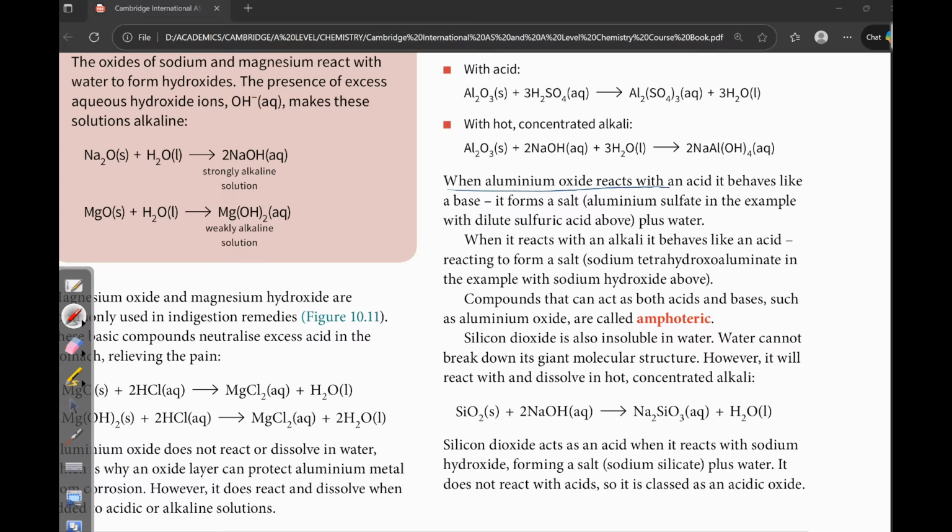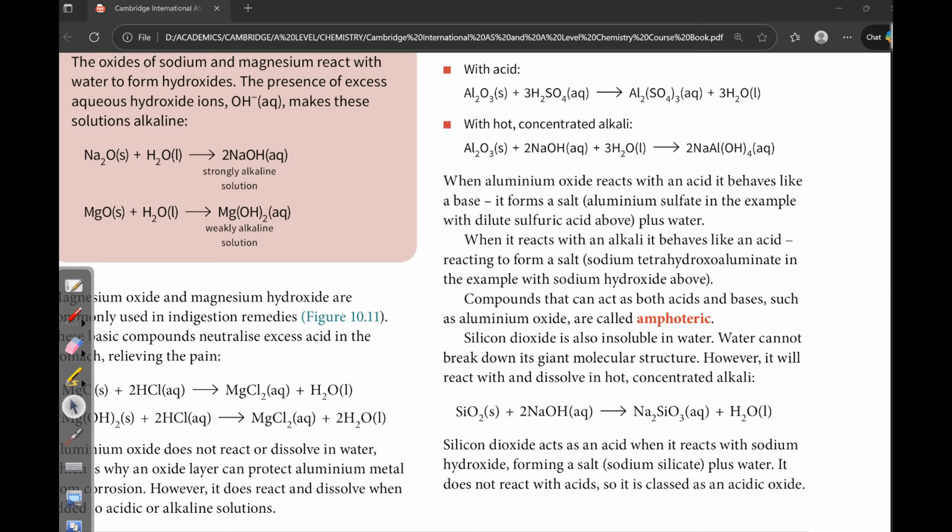When aluminium oxide reacts with an acid, it behaves like a base. It forms a salt with dilute sulfuric acid plus water. When it reacts with an alkali, it behaves like an acid, reacting to form sodium tetrahydroxoaluminate. Compounds that can act as both acids and bases, such as aluminium oxide, are called amphoteric.